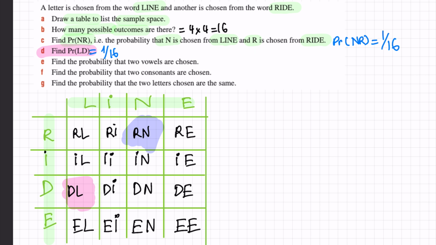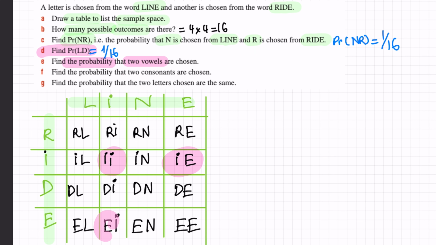Find the probability that 2 vowels are chosen. Alright, 2 vowels, I'll delete these first. 2 vowels are chosen. 1 here, 2, 3, 4.